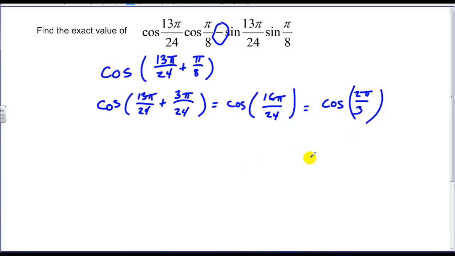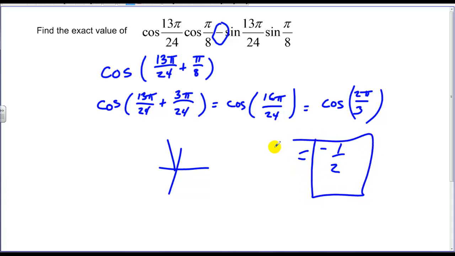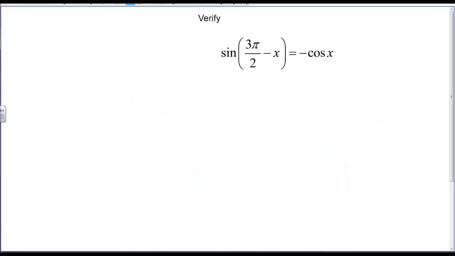And I know the cosine of 2 pi over 3 because it's just this guy right here, and that's equal to negative 1/2. So we've got to start recognizing whether we have a sum and difference of sine, cosine, or tangent value now. Next we have a verification problem.